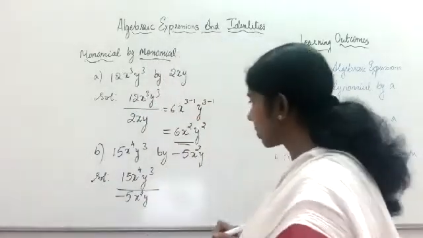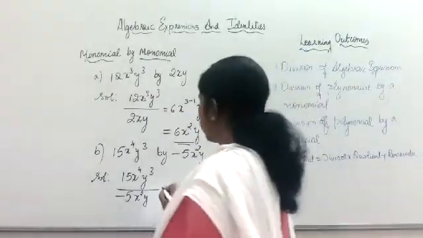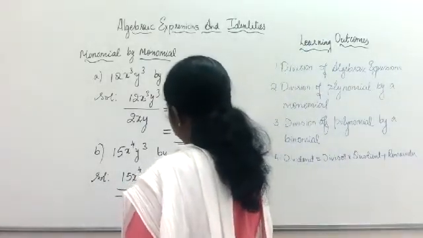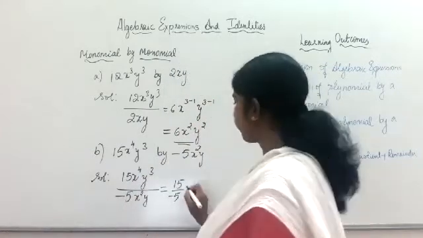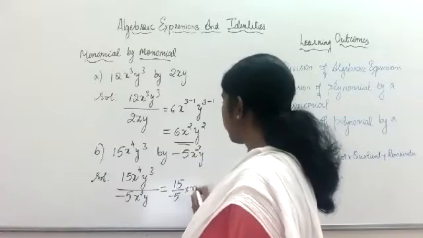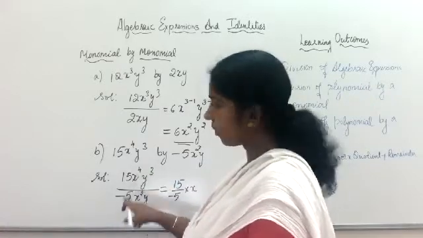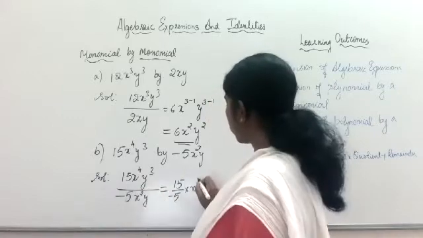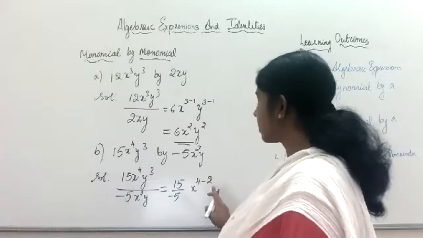Again, we simplify the constant terms first, that is the numerals, 15 divided by minus 5. Then x to the power 4 in the numerator and x to the power 2 in the denominator, so using the laws of exponents, x to the power 4 minus 2.